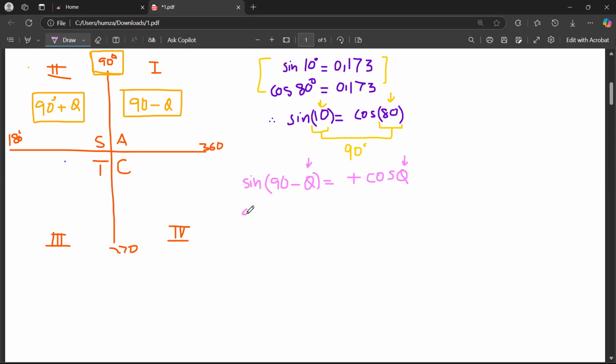Now, again, cos 90 minus theta will give you positive sin theta.